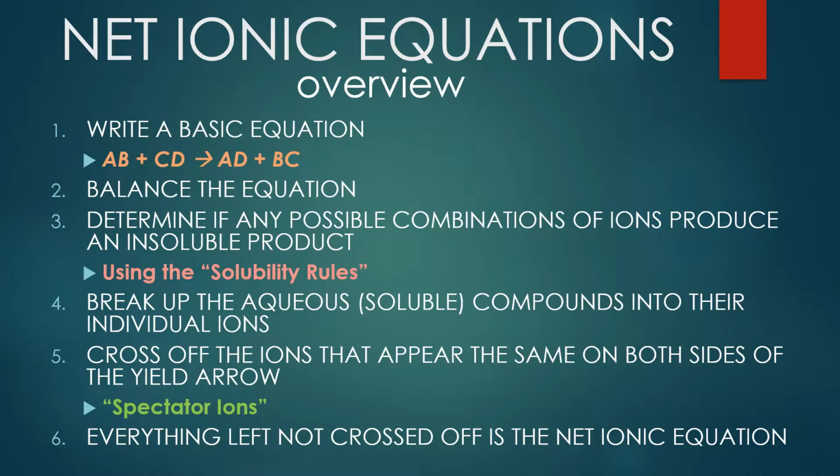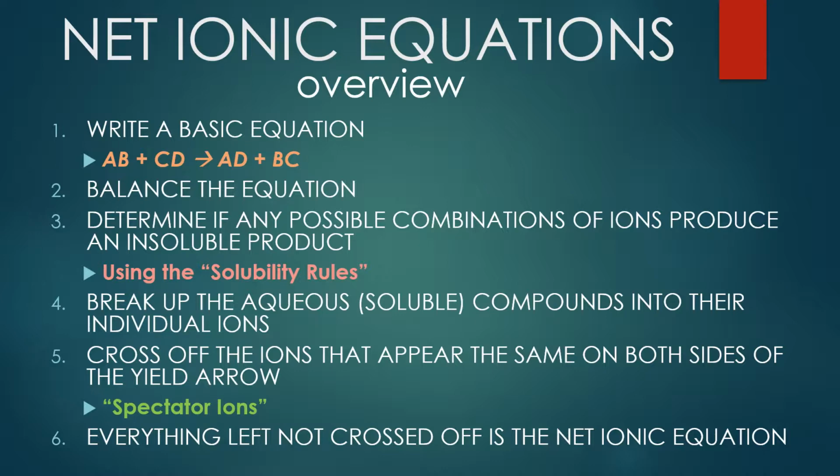The second step is, now that you have the equation written, you need to balance the equation, obviously. Then after you balance the equation, step 3 is you determine if any possible combinations of these ions in this equation produce an insoluble product.